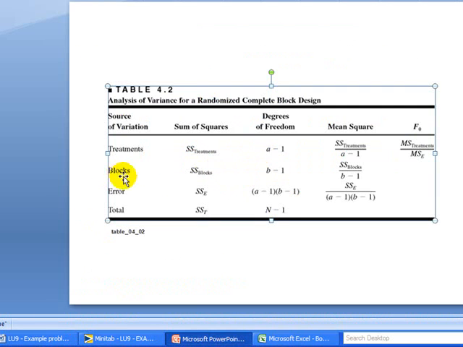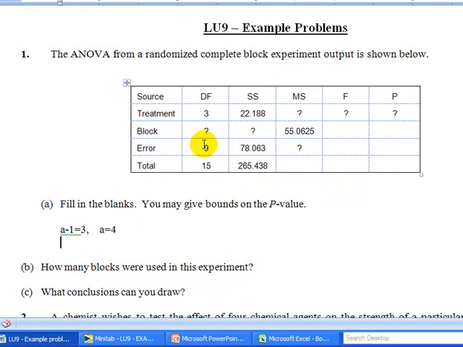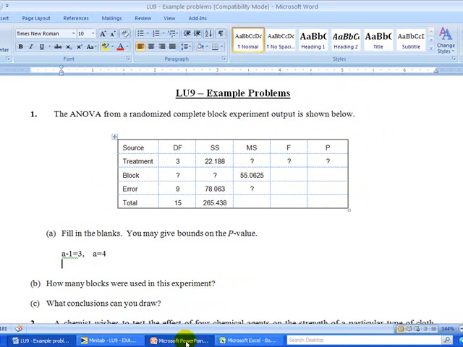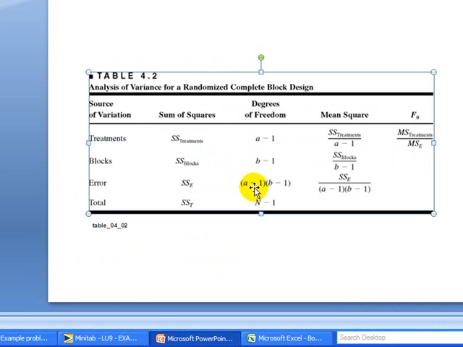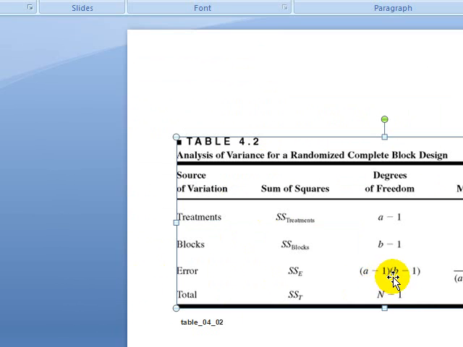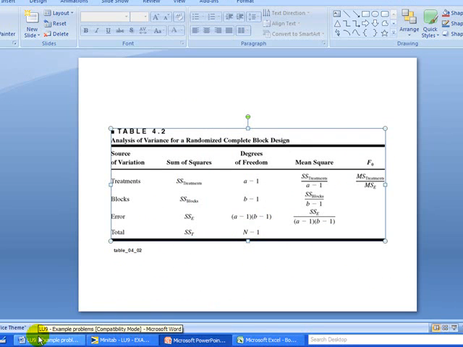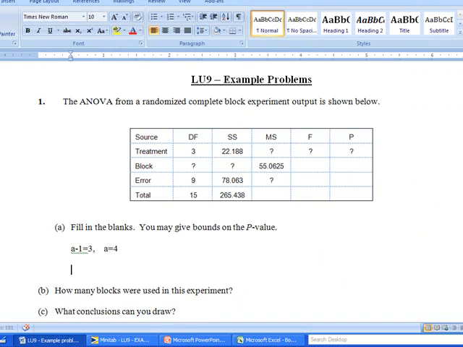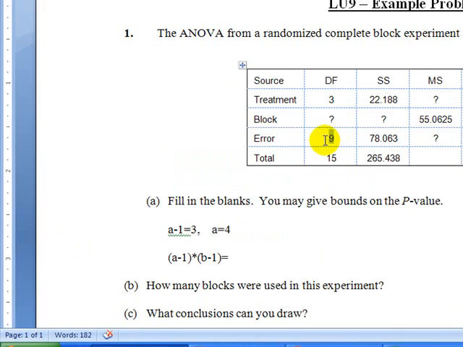Now next, for blocks we don't have a value in the table here, so we look for the error. For the error, degrees of freedom for the error is a minus 1 multiplied by b minus 1, right? So a minus 1 multiplied by b minus 1, which is equal to 9, right?